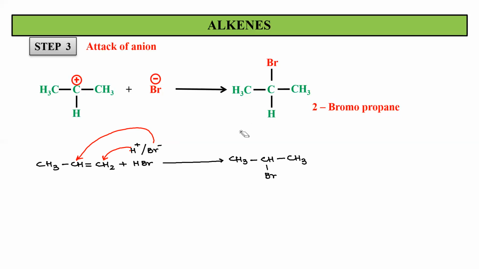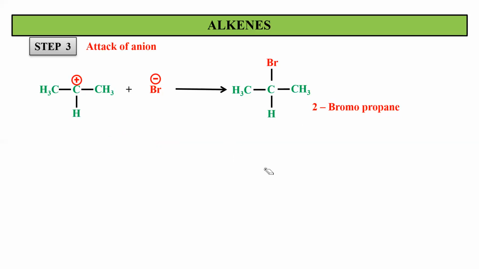Now, very important points that you need to remember over here. The very first point: the intermediate formed is a carbocation intermediate. Whenever you are adding the negative part of the reagent, it might be Br, Cl or iodine, anything, whenever you want to add a negative part across the double bond, you will always add the negative part on the most stable carbocation.